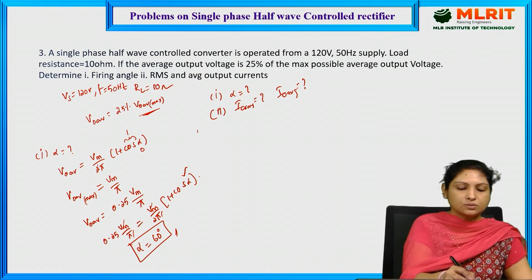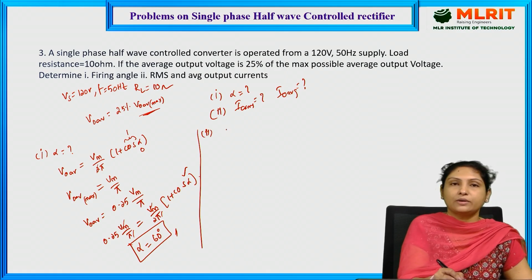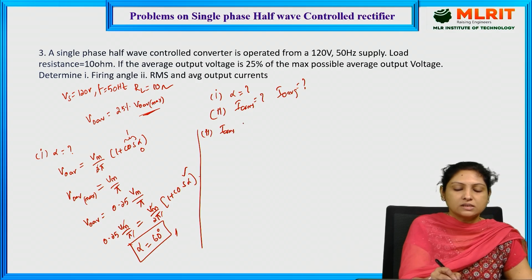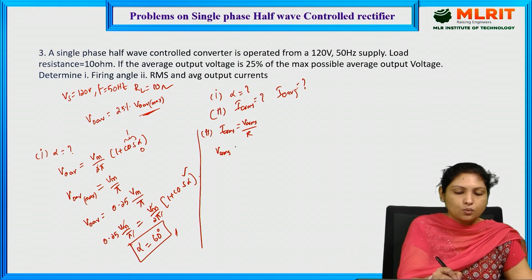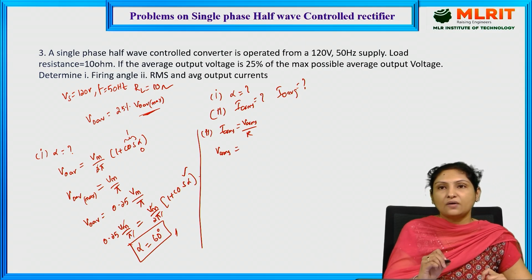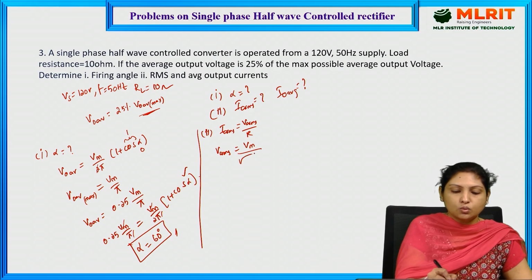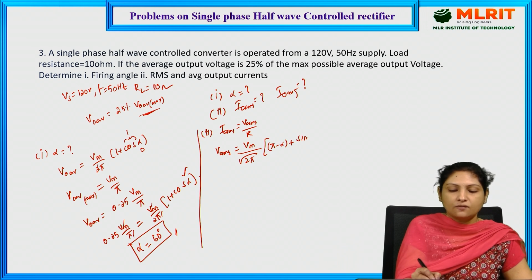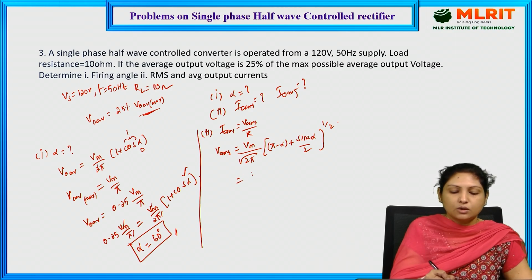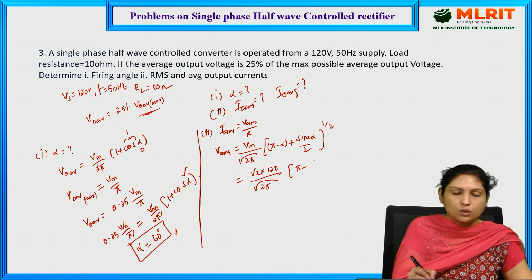Since we have obtained this firing angle, second thing is we need to find I naught RMS, where I naught RMS is equal to V naught RMS by R. We need to find the value of V naught RMS first, where V naught RMS for single phase half wave controlled rectifier with resistive load is Vm by root 2 pi into (pi minus alpha plus sine 2 alpha by 2) whole to the power of 1 by 2, where Vm is nothing but root 2 times Vs, divided by root 2 into pi, minus, where alpha is equal to 60 degrees.